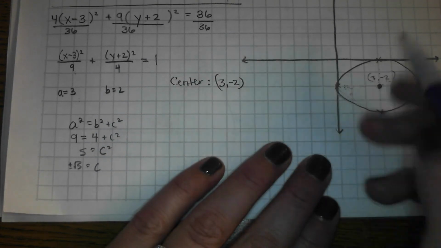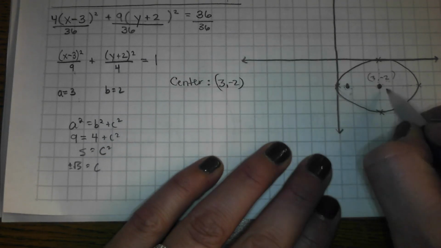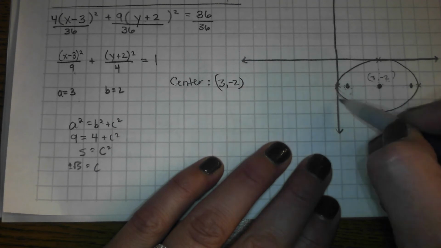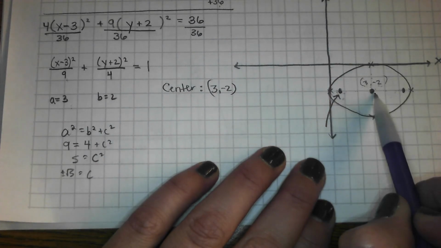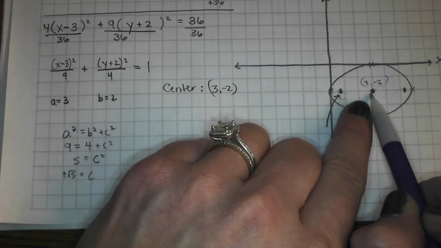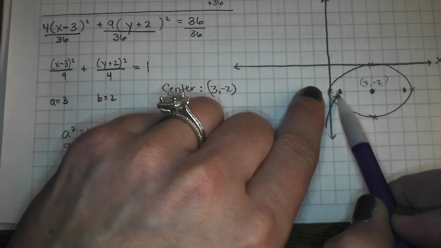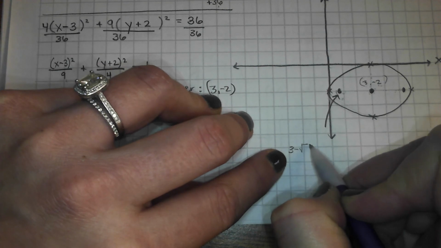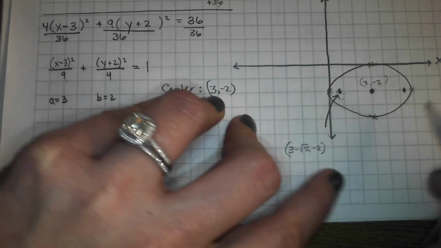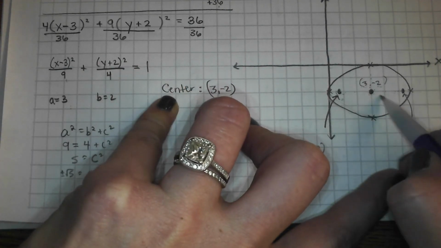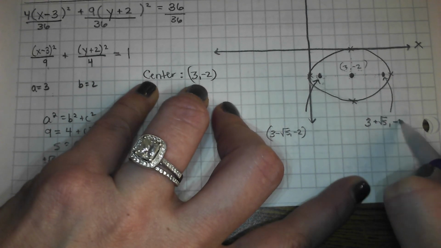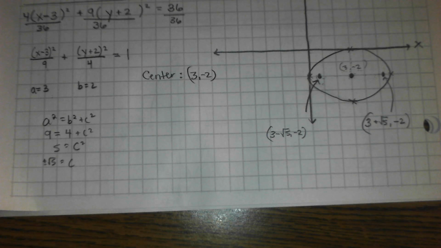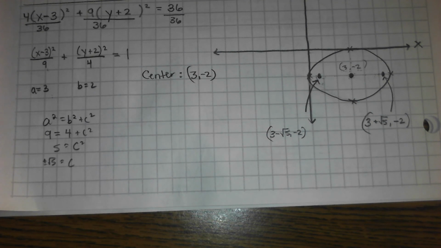So I can go 2.23 to the left and 2.23 to the right. I'm going to label that. It's no longer 3, -2. It was a 3, but I subtracted root 5 off of that. So my x-coordinate is 3 minus root 5 with the -2. And then over here, I added root 5 onto the x-coordinate. 3 plus root 5 with a -2. Good?